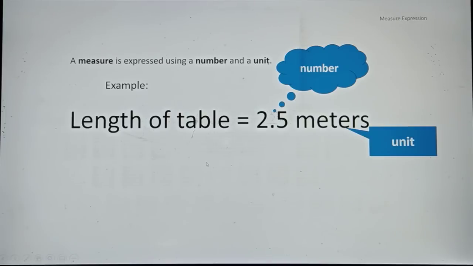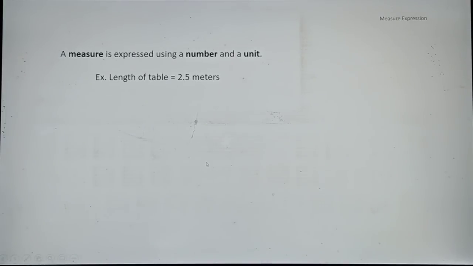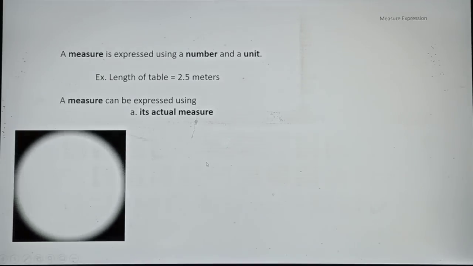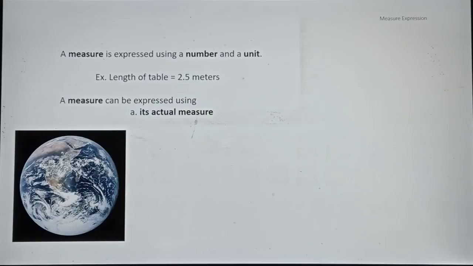The measure can be expressed as an actual measure. For example, the mass of the Earth in its actual measure is 5 octillion 972 septillion 200 quintillion grams. We can also use exponential notation in expressing the measure.